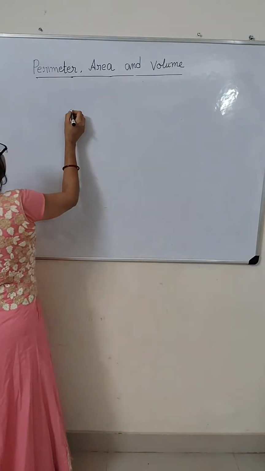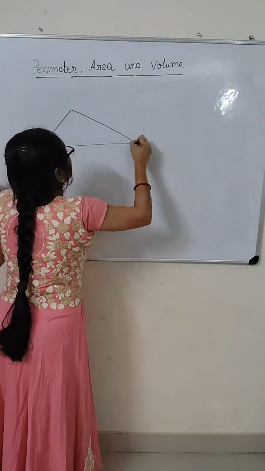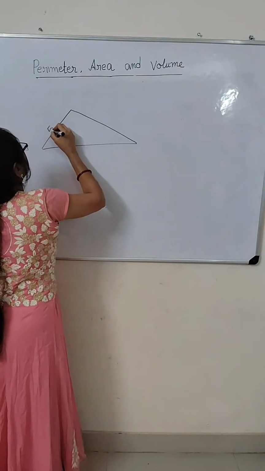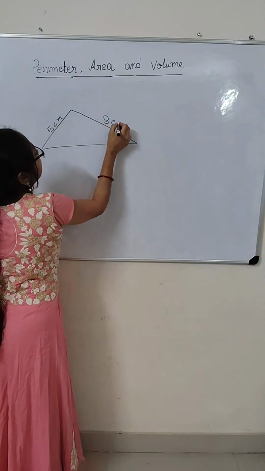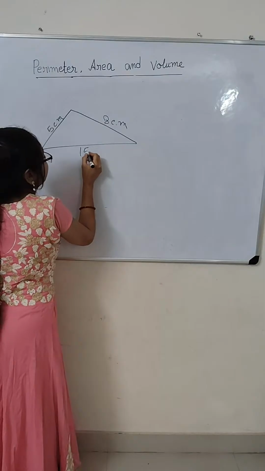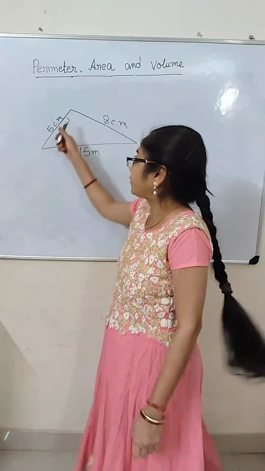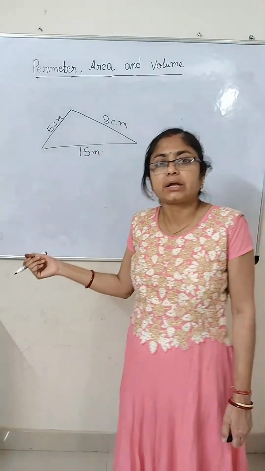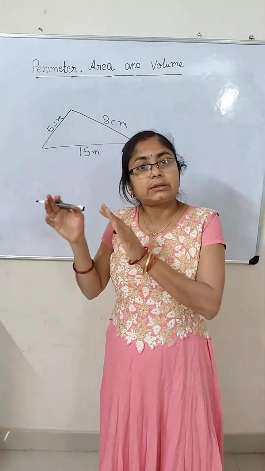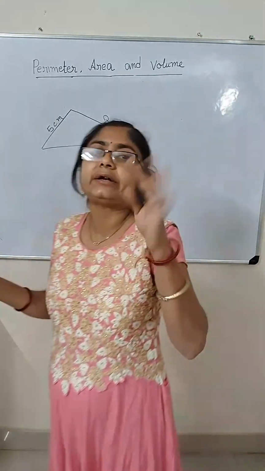Now I find out the perimeter of a triangle. 5 centimeter, 8 centimeter, 15 centimeter. Perimeter of a triangle means you start from here, go down, and the end point is the starting point. You just add the three sides. You do this one, I am not doing. You complete and write the answer.